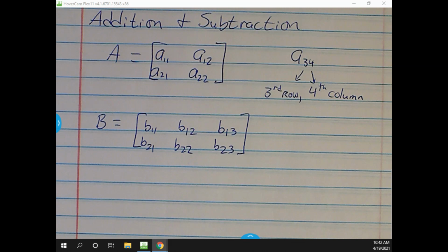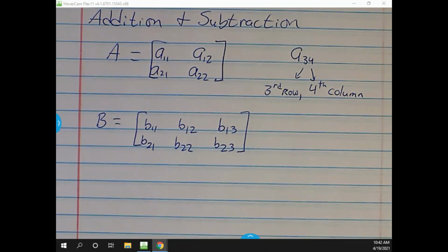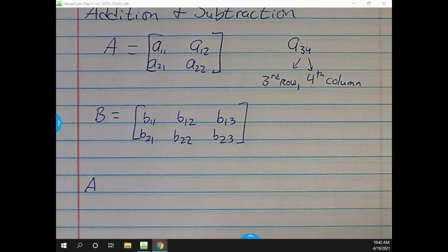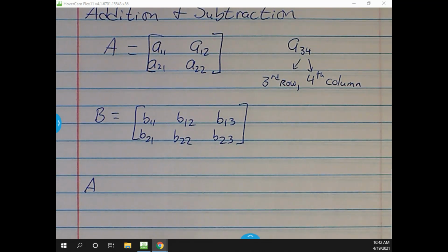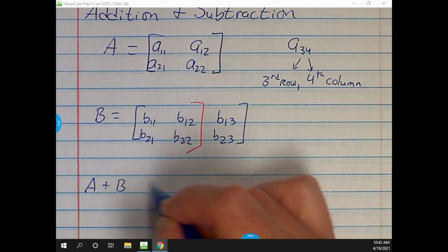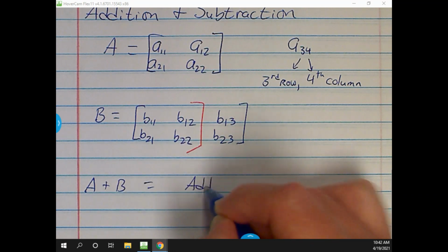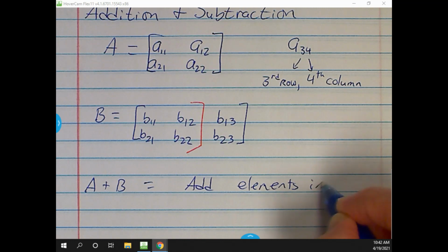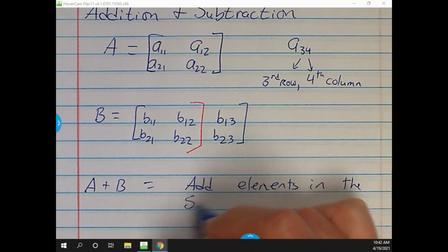If they ask you to add two things together, say A plus B, you just add elements in the same location.